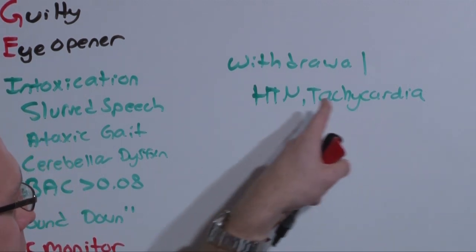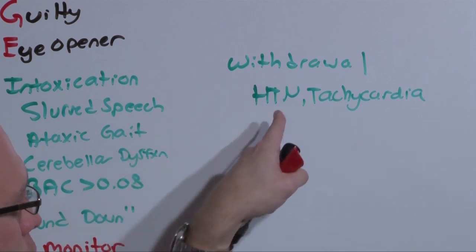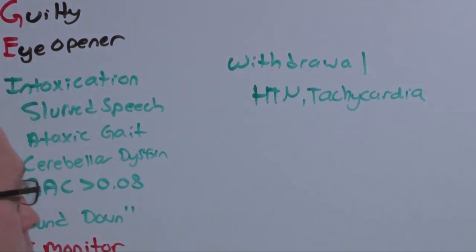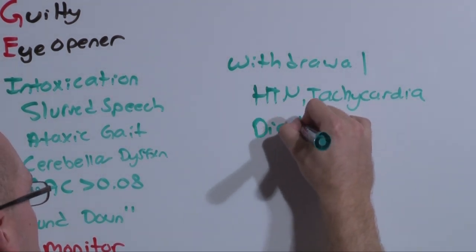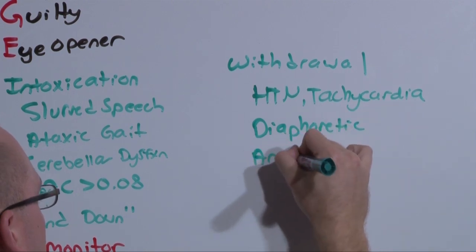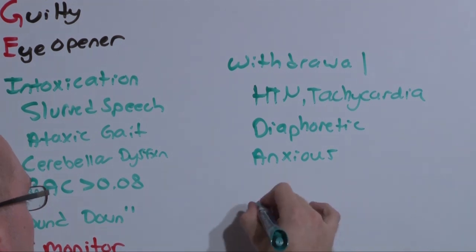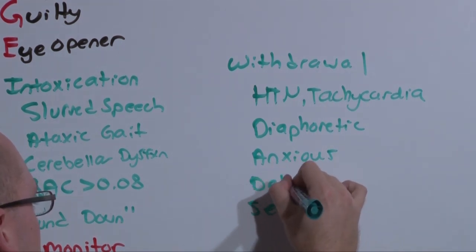But tachycardia and hypertension in a patient who is getting clean of alcohol is the earliest sign of alcohol withdrawal. After tachycardia and hypertension, they're going to get diaphoretic. And very soon after, they'll get anxious. They'll feel like they're crawling in their skin and they need to get out. And right before they seize, they will get delirious.